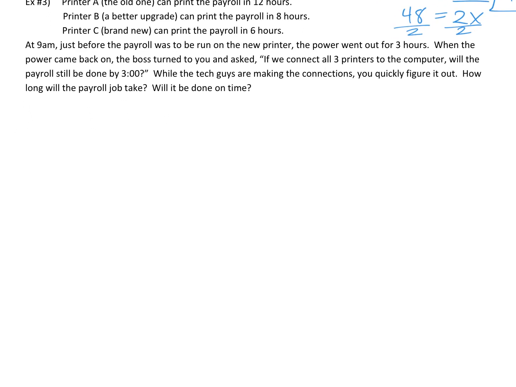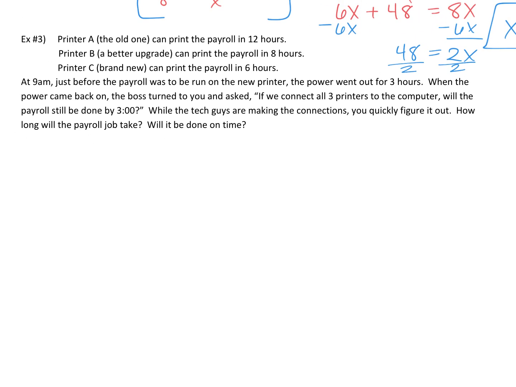When the power came back on, the boss turned to you and said, if we connect all 3 printers to the computer, will the payroll get done by 3 o'clock? While the tech guys are making the connections, you figure it out. So, how long did the payroll job take? And will it be done on time?